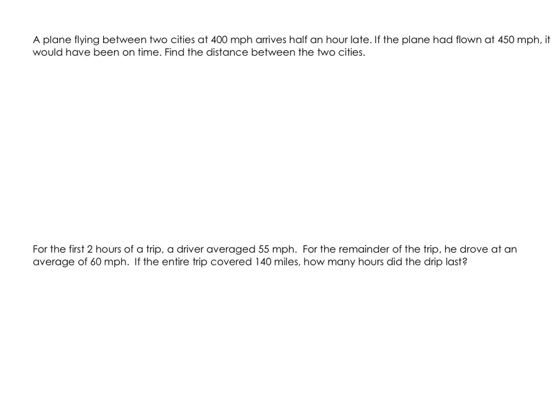A plane flying between two cities at 400 miles per hour arrives a half an hour late. If the plane had flown at 450, it would have been on time. Find the distance between the two cities. So we're going from city A to city B, and the plane flying at 400 miles per hour arrives a half an hour late.